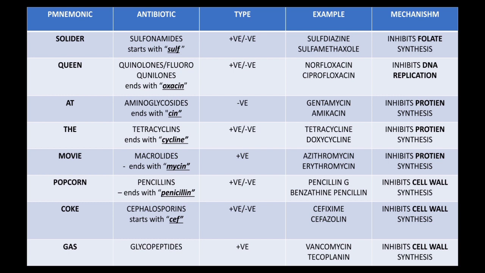Coming to penicillins, cephalosporins and glycopeptides, they inhibit the cell wall synthesis process. If the cell wall is not synthesized, the cell doesn't form and it leads to death, and therefore the bacteria won't exist. So this is a brief and detailed view of the different classes of antibiotics.